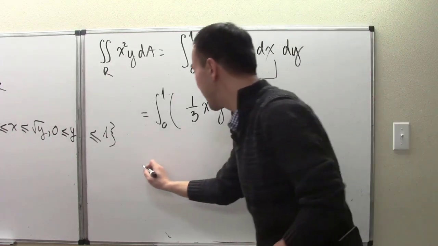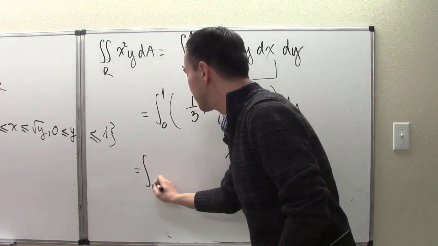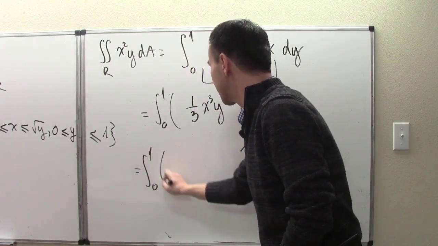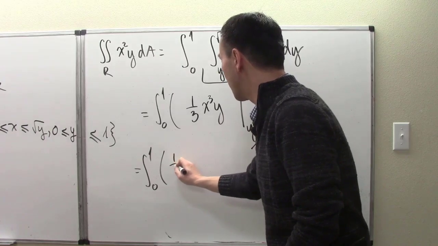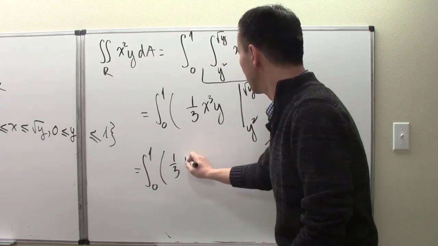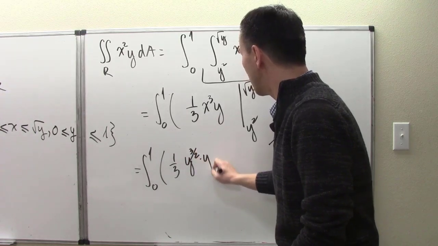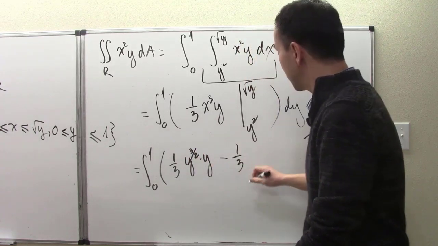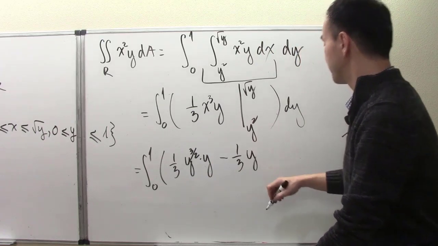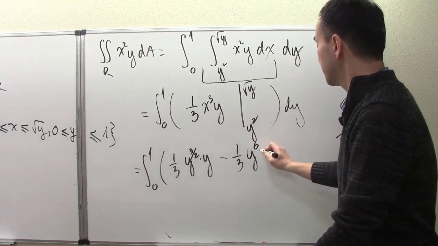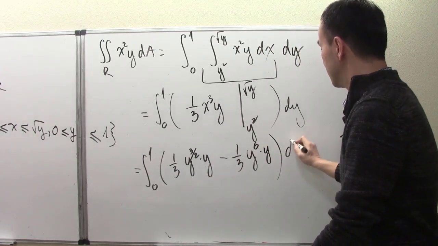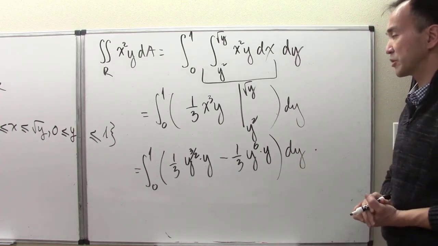So that means we have an integral from 0 to 1, and here I have 1/3 times y to the 3/2 power times y, minus 1/3 times y to the 6 times y, and integrating that with respect to y.